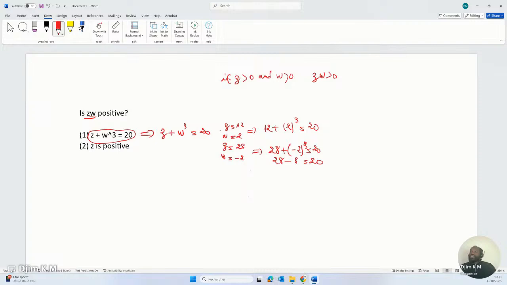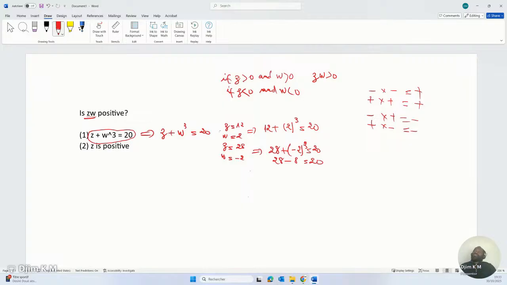We can also say that ZW is positive when Z is less than 0 and W is less than 0, because we know that minus multiplied by minus gives positive, and positive multiplied by positive gives positive. If you have negative multiplied by positive, it gives negative, or positive multiplied by negative, it gives negative.